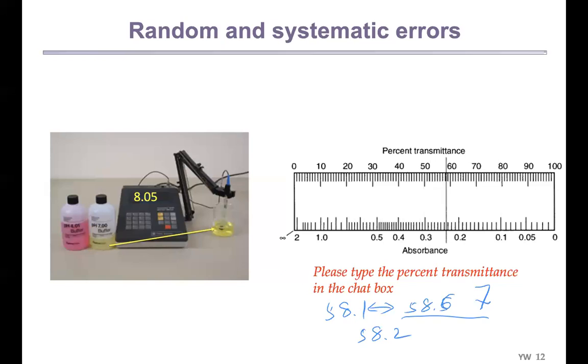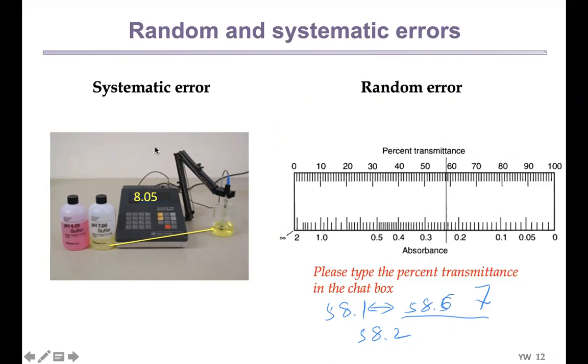It could be positive or negative from the average value. The other one is just one direction, and it's not because of the reading from different people or different tries of reading, right? So that's the difference between the two types of errors. The left one is systematic error, and the right one is random error.